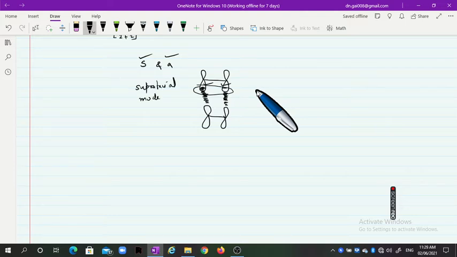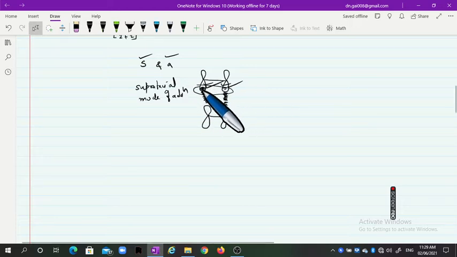Both of these lobes are from the bottom, the same phase, the first same phase and the second same phase, and that is called suprafacial. This is added in the suprafacial mode.